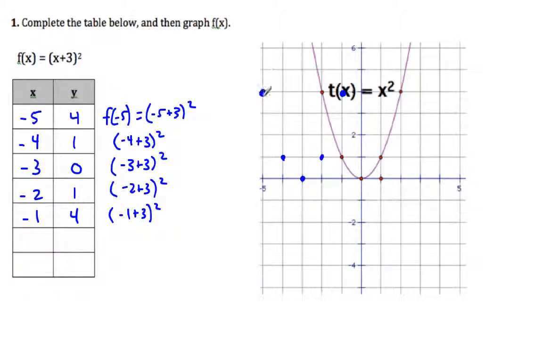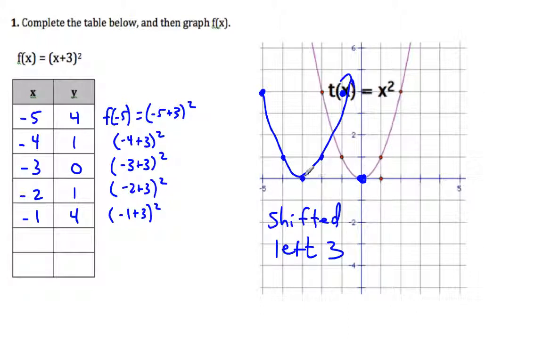So this is what the graph of this function looks like. It goes just like that. What you should notice here is that this has been shifted or translated left 3. It starts at this point, that's the vertex, and now we just shifted it left 3, and it follows the same pattern.